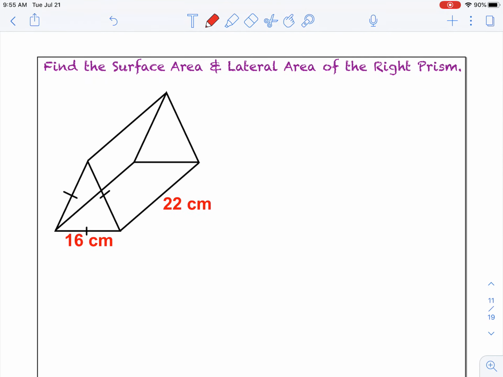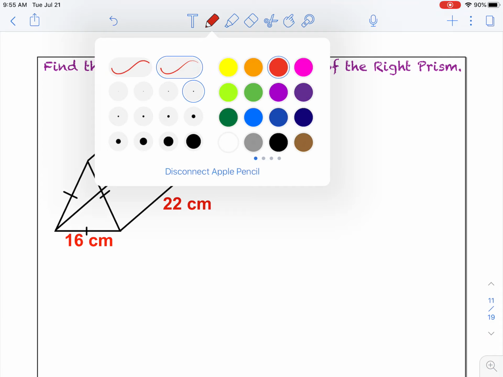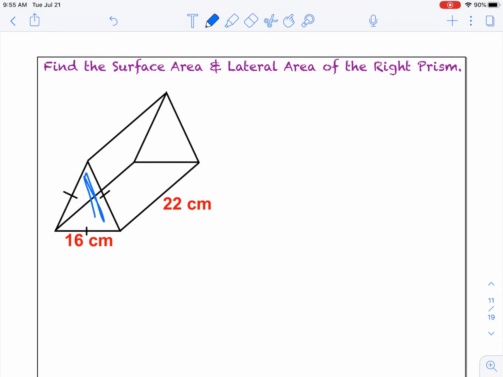Now, depending on the shape of their base, these can get kind of tricky. Here, again, we have a triangular prism, and it is a regular one. It's equilateral, and that also makes it equiangular. So the area of the triangle is 1/2 the base times the height.